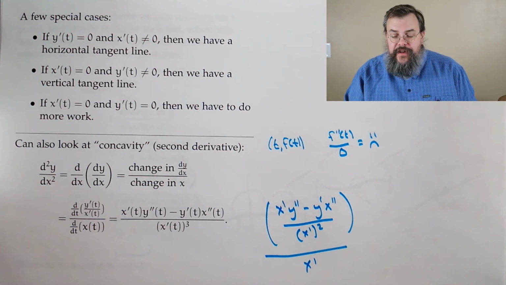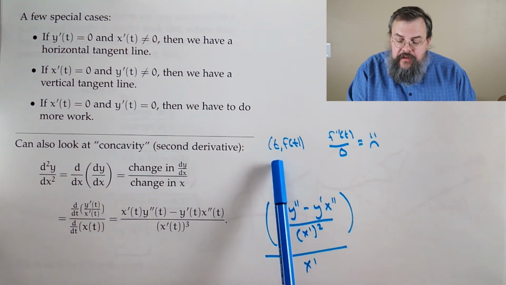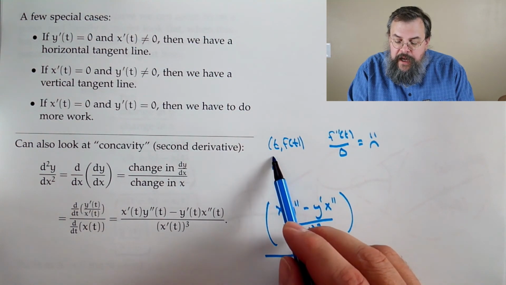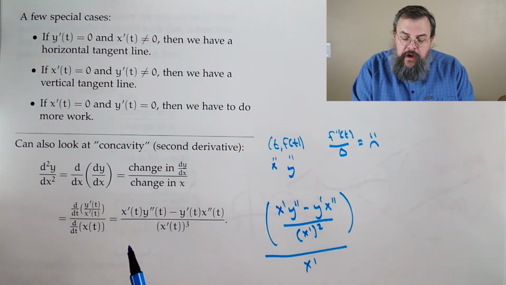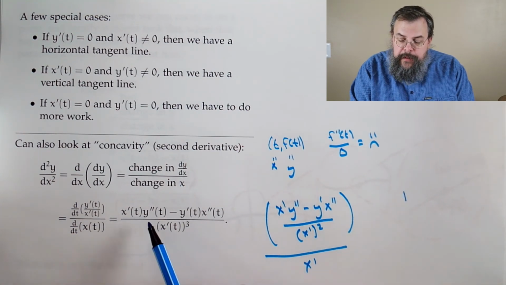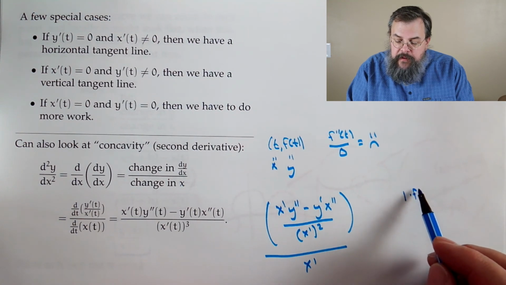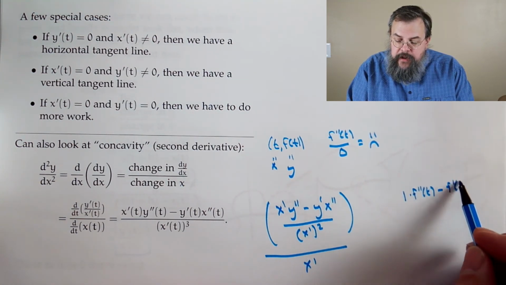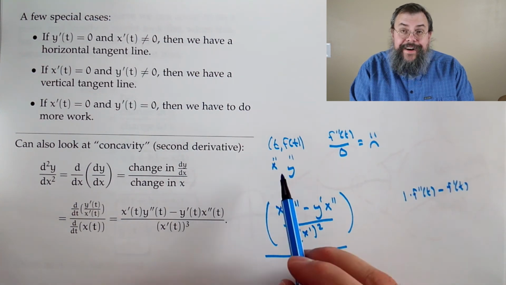Is it at least consistent? What if we had this as our x of t and y of t? So what would happen? Well, we'd have x prime is 1. y double prime would be f double prime. Okay, minus f prime, not looking good there, x double prime, aha!